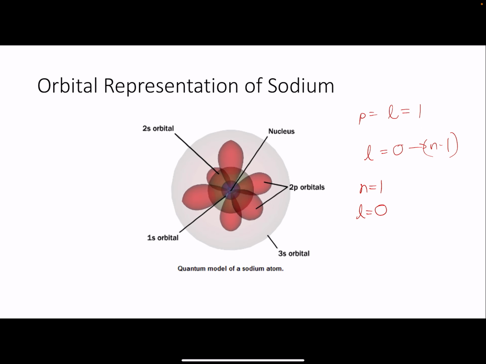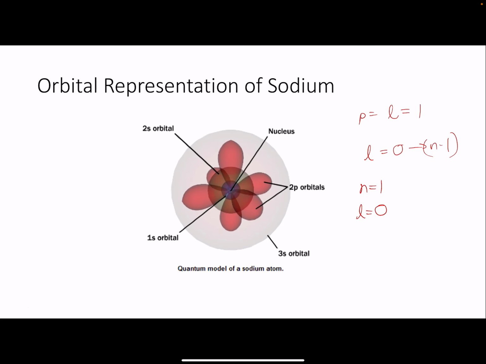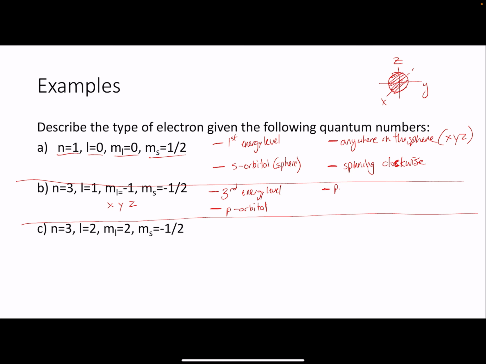If you go back to this diagram here, -1 represents the px lobe. So we would say here the electron is in the px lobe. And then it has a -½ value, which means it's spinning counterclockwise. And that's important, on a side note, for constructive and destructive interference.